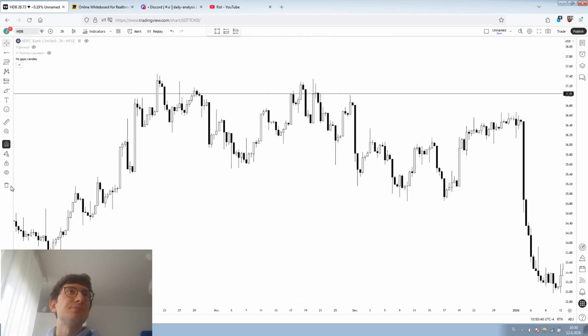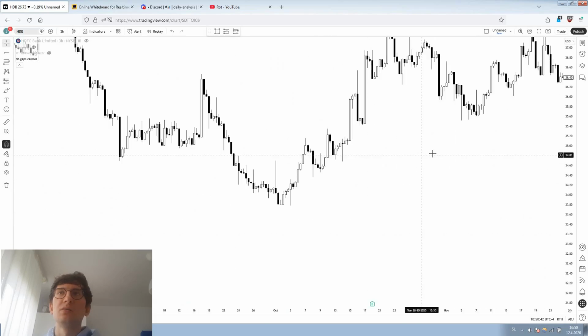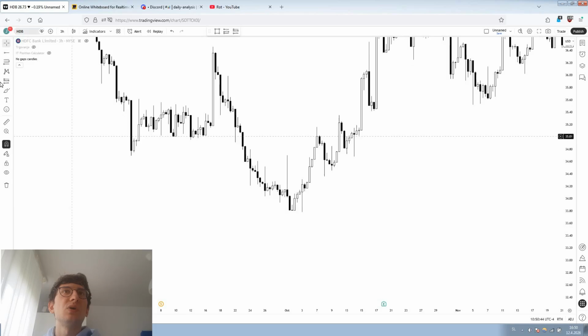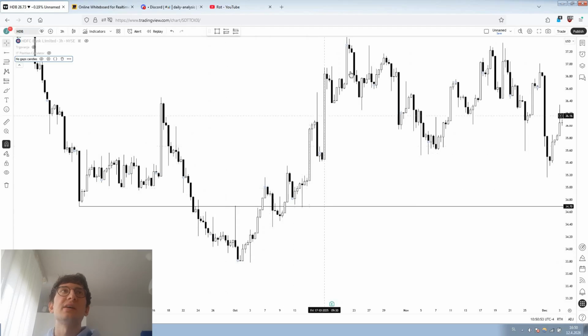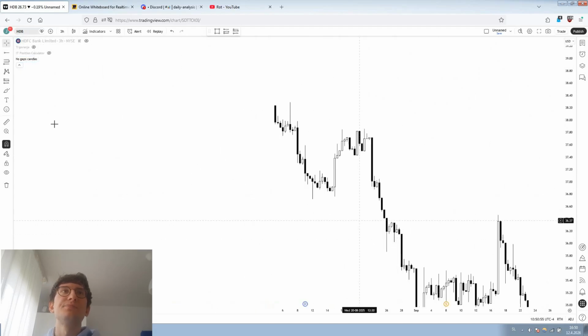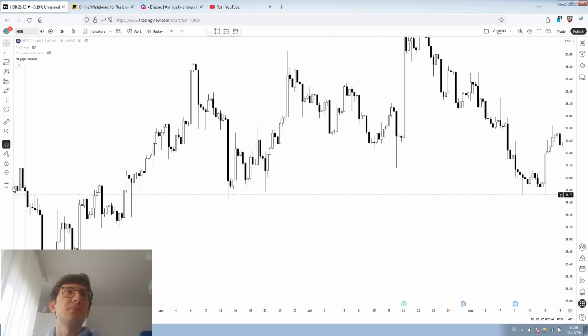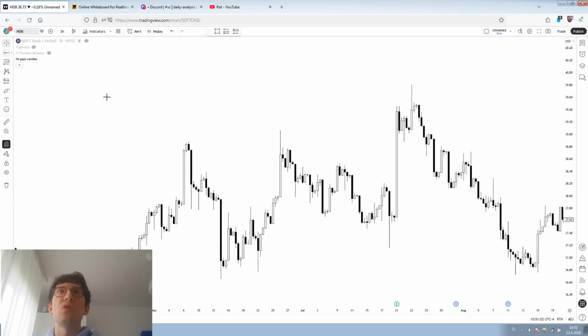Then what do we have over here? We have one particular swing low, the price pushes below that low and then continues higher and higher and higher, okay? Then what do we have over here? We have a swing high, the price goes above the swing high, sweeps liquidity and then continues lower.